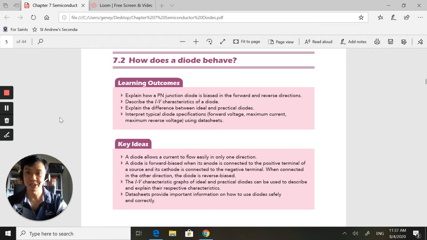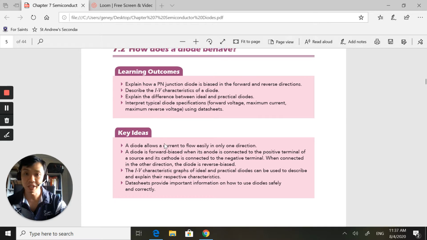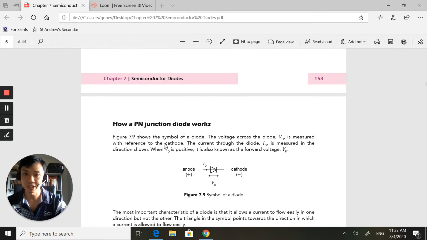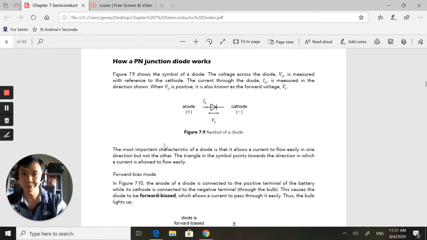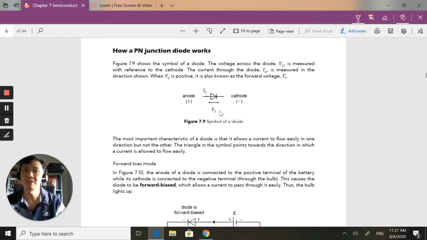Okay, so as I was saying, diodes, right? Today we are going to learn how diodes behave. Follow along as we use your textbook. A diode allows current to flow in one direction.